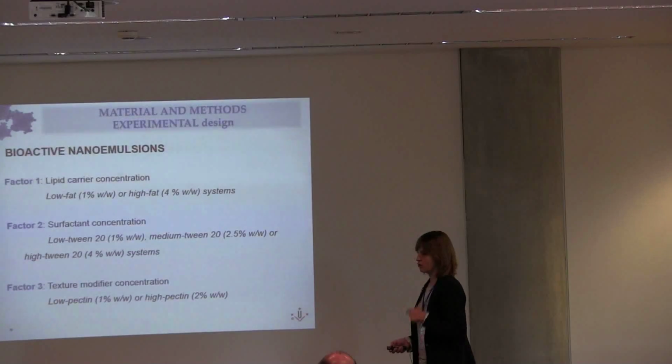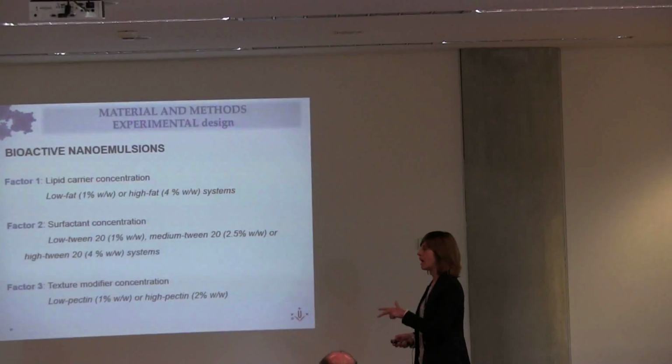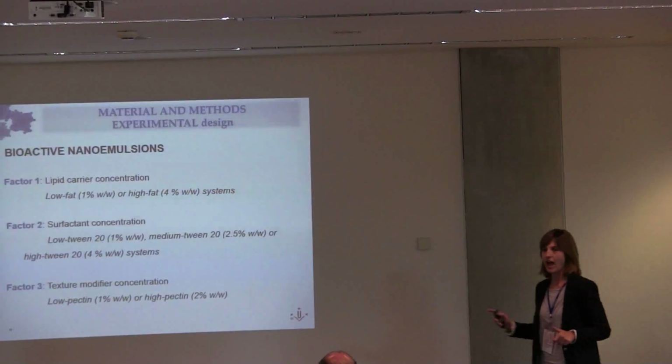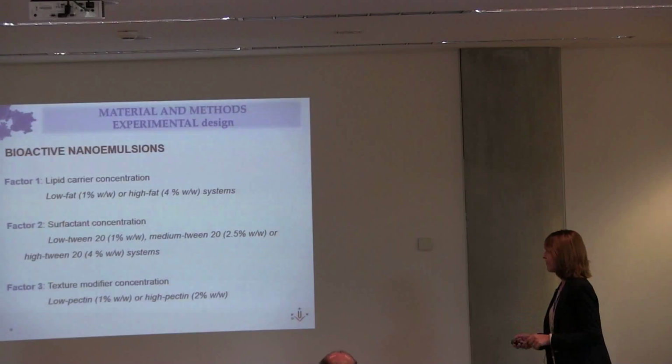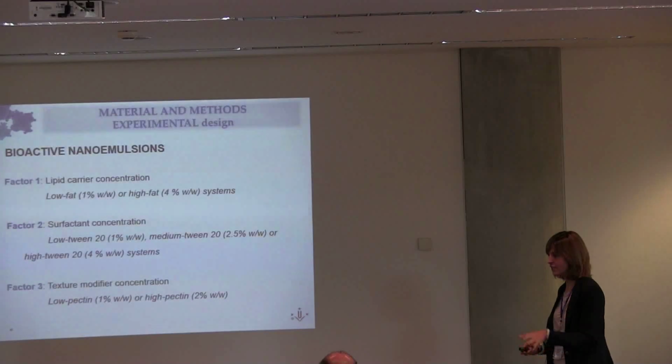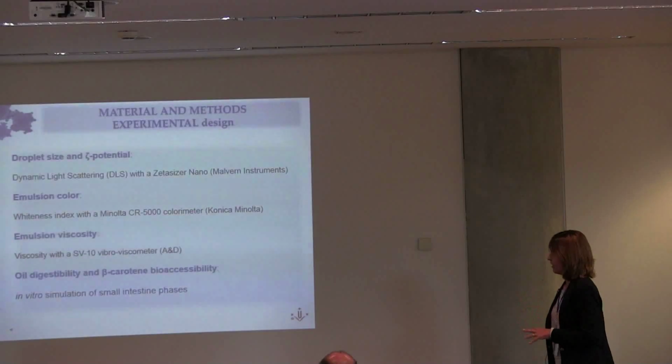Surfactant concentration was the second factor. We had 3 different systems, low, medium, and high, 1, 2.5, and 4% of the surfactant. And the texture modifier concentration was the third factor, a low pectin system and another we call high pectin, 1 and 2%.